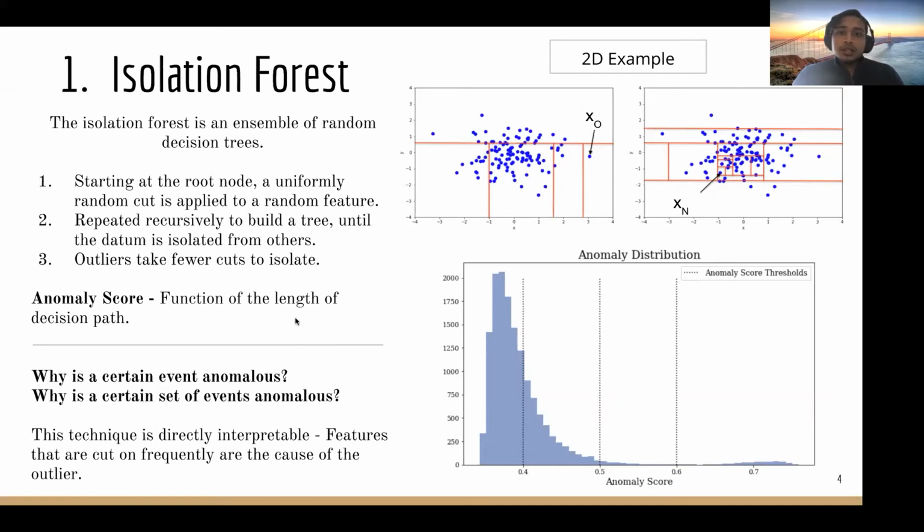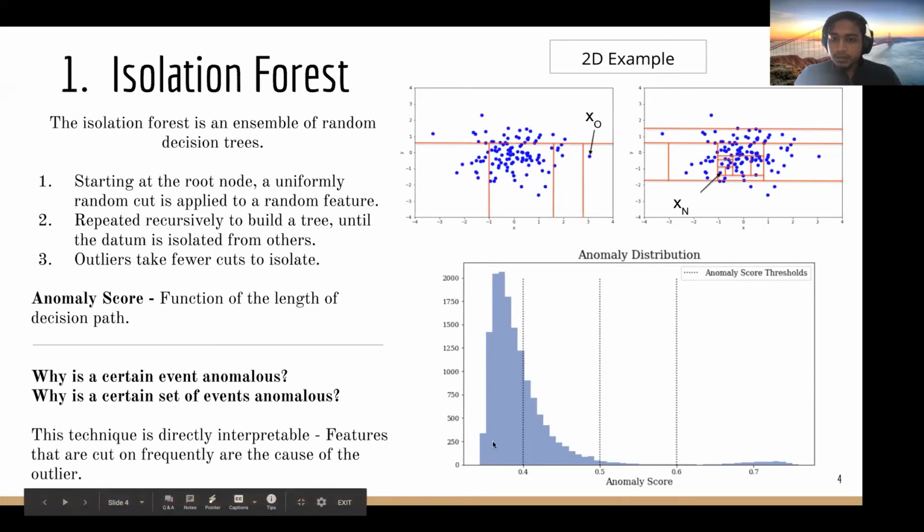You can use the number of cuts made to isolate a point as a proxy for anomaly score. There's a more specific definition that you can make, which is a function of the length of the decision path. One such definition is plotted here. This is the anomaly score distribution.